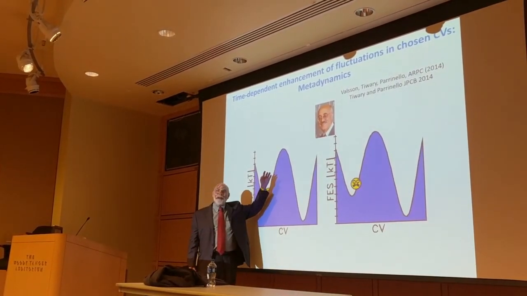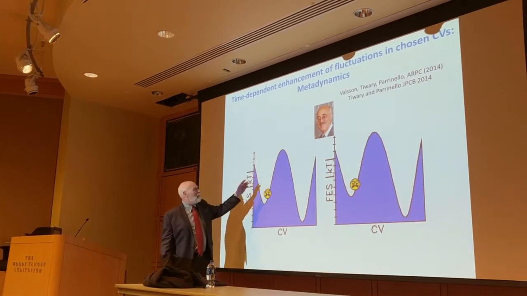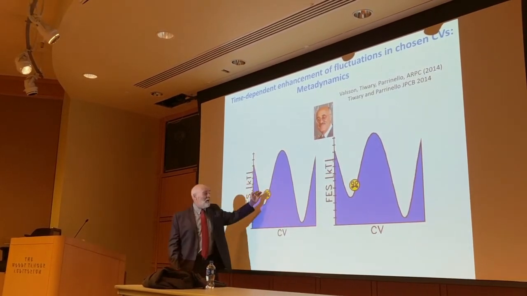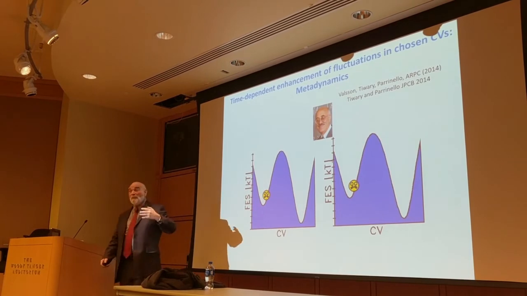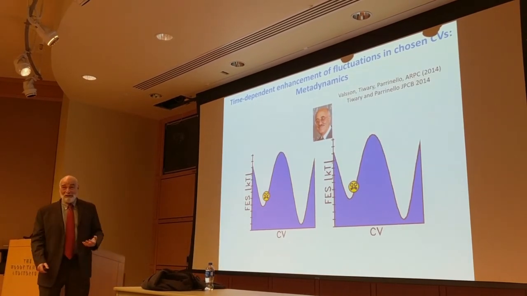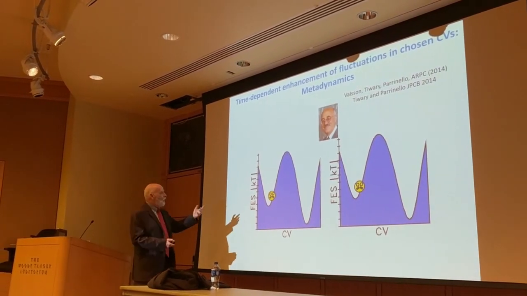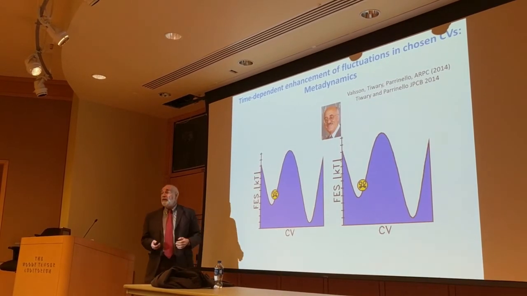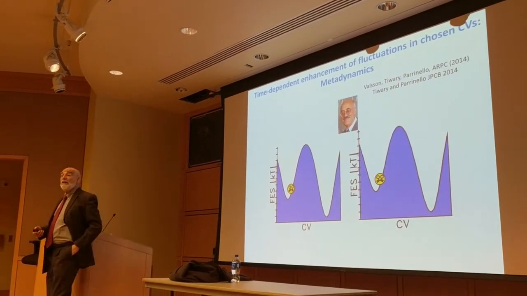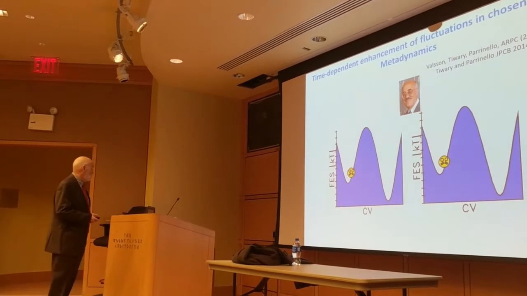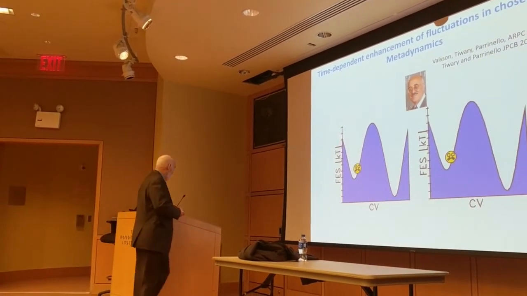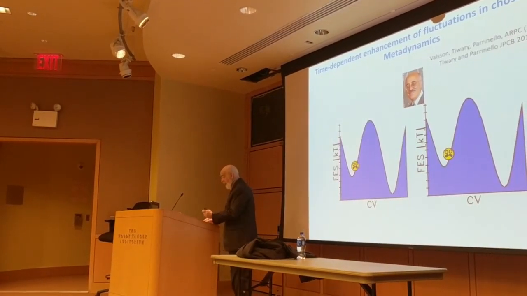How long ago? 30 years? At least. And of course, in one dimension. When you have multiple dimensions, it's a real problem. Anyway, if the barrier is high enough, you're not going to see it happen with straightforward molecular dynamics. So let's see if we could get that to work.